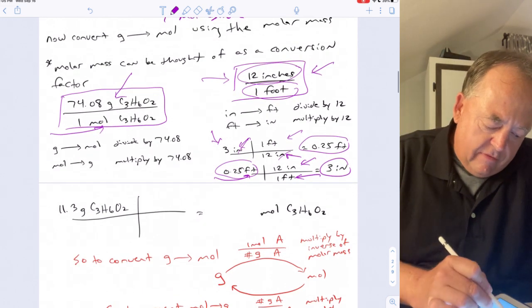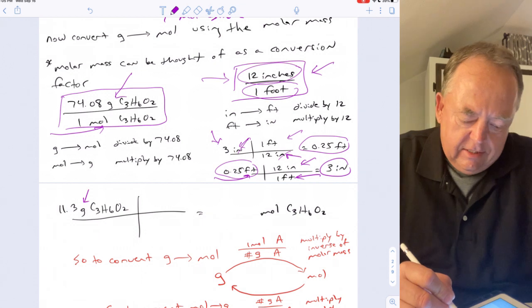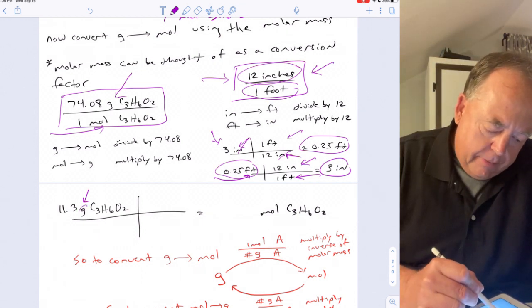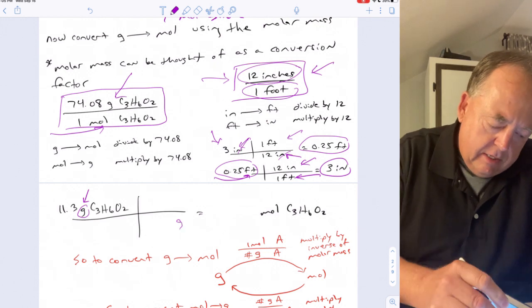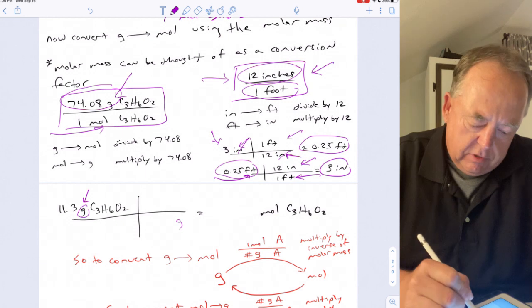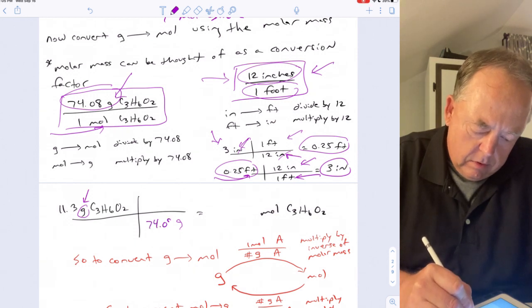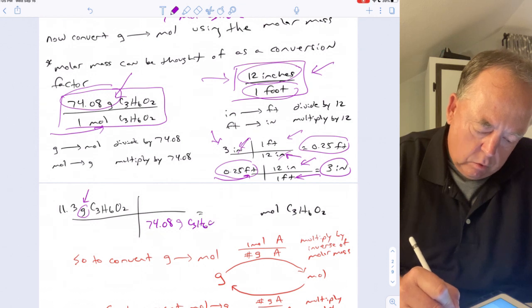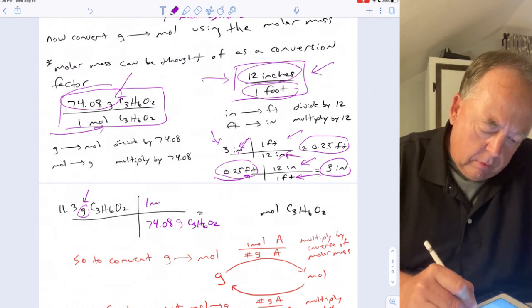Okay, so we have 11.3 grams of C3H6O2. Let's convert that to moles. Since grams is on top, then we need grams on bottom, and so that 74.08 always has to stay with the grams, so that has to go on bottom. So 74.08 grams of C3H6O2, and then on top is the 1 mole.